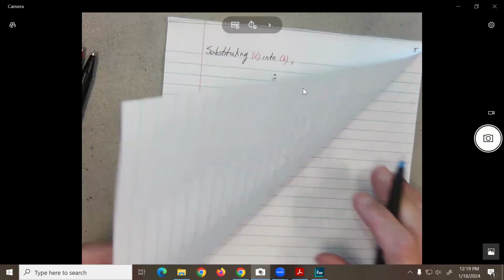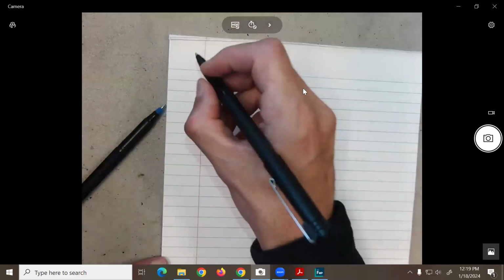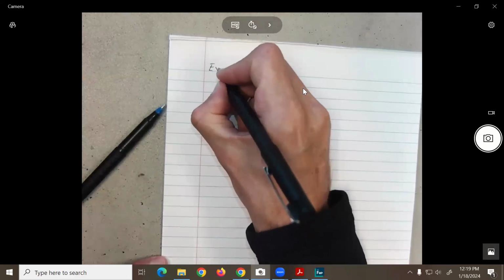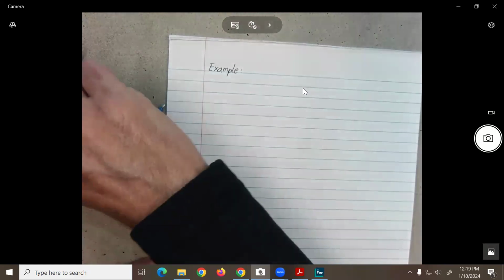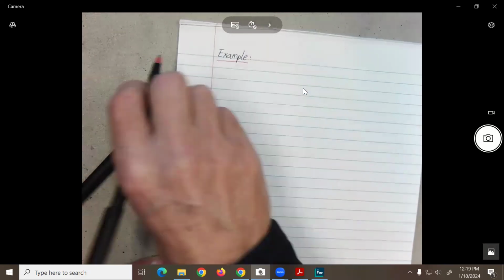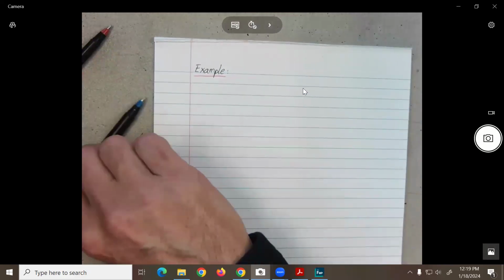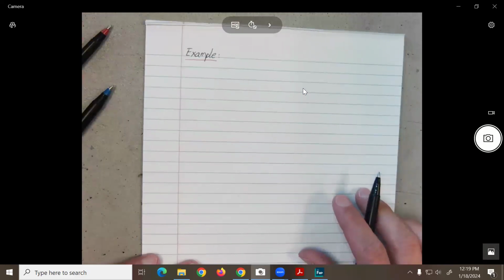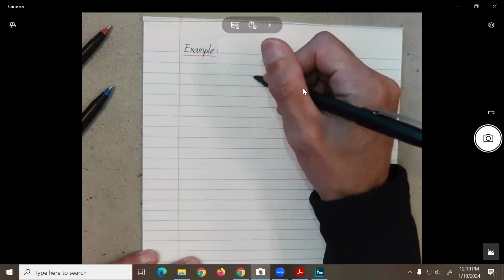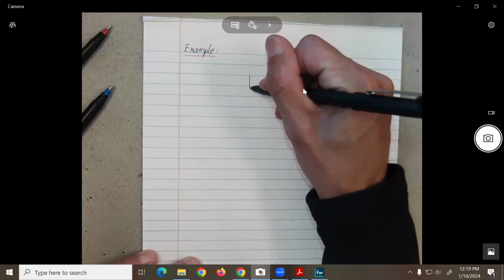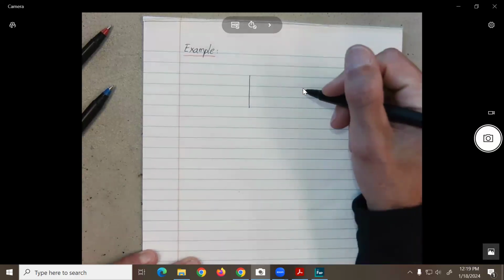So, example. I know this example comes from Dr. Radoska's notes. So let's see. In this case, 1, 2, 3. So let's say this is 1, 2, and 3 over here.